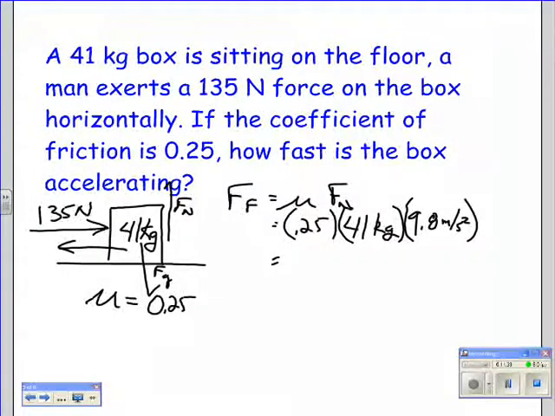Mass times 9.8, or mass times acceleration of gravity, is weight. Yep. The normal force equals the gravitational force in this case. So what's my frictional force?